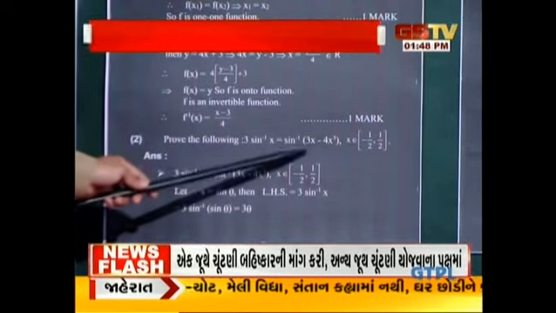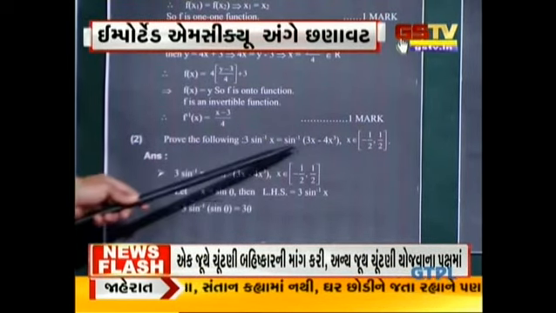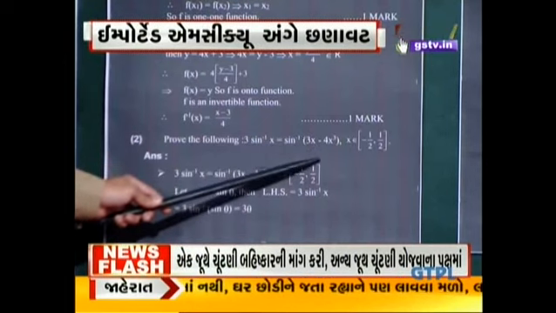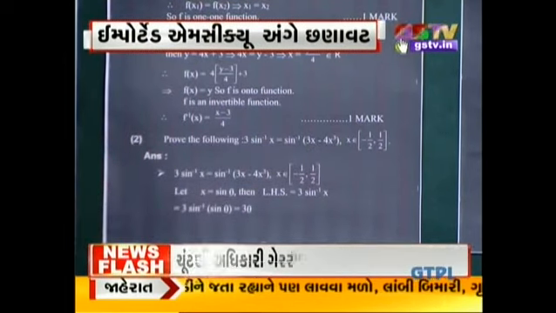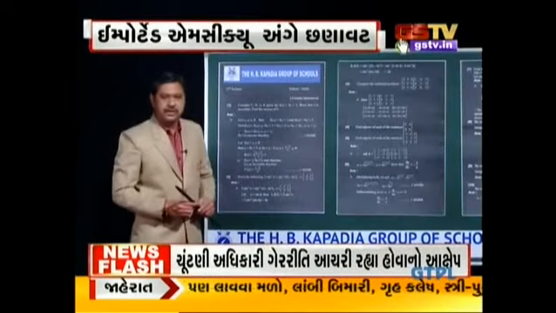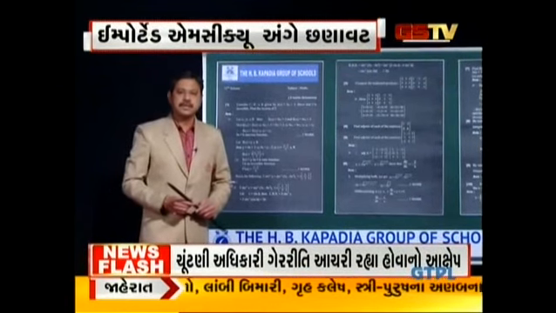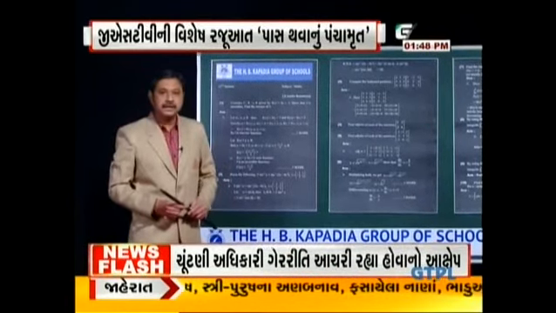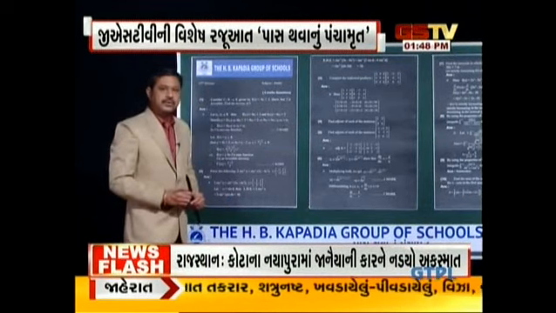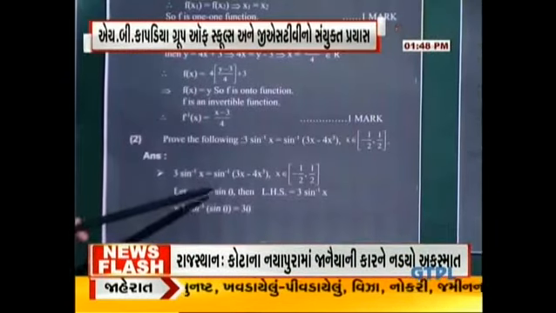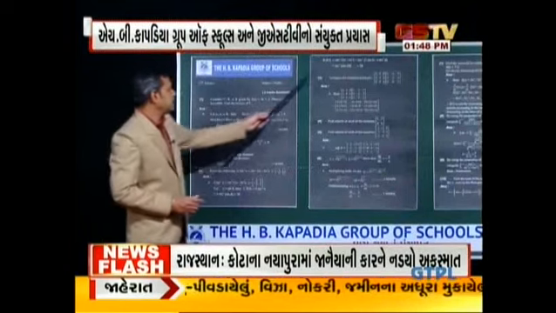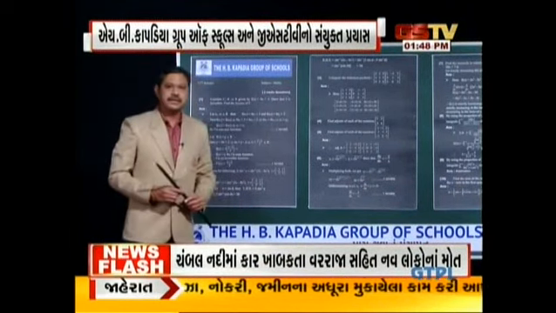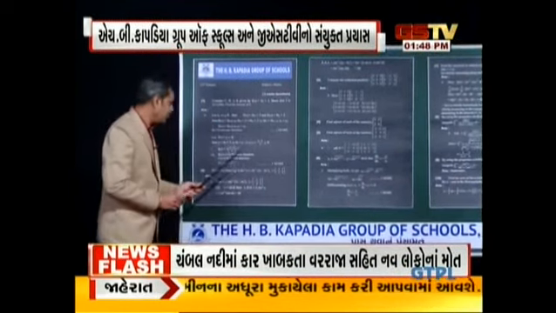If we consider x is equal to sine theta, then the result is sine inverse of 3 sine theta minus 4 sine cube theta. You know very well student, 3 sine theta minus 4 sine cube theta is the result for sine 3 theta. So we get the result sine inverse of sine 3 theta is equal to 3 theta. So LHS is 3 theta and RHS is 3 theta. So LHS equals RHS. So we prove the result.